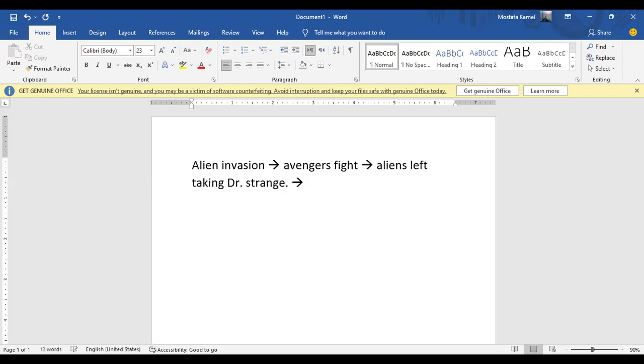And because they took Doctor Strange, Spider-Man and Iron Man followed. What followed? As you can see, the story keeps on moving as a cause and effect.